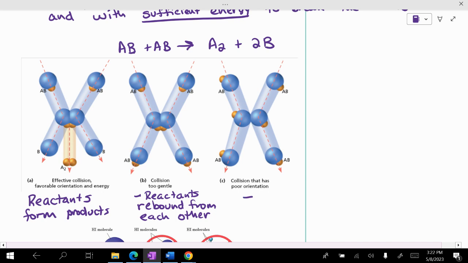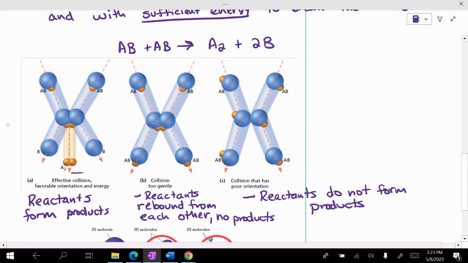There's no reaction. No products are formed either. So the only way that you're going to have an effective collision is if you have favorable orientation and sufficient energy.